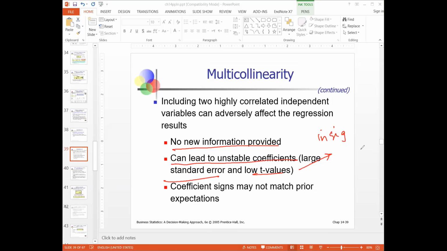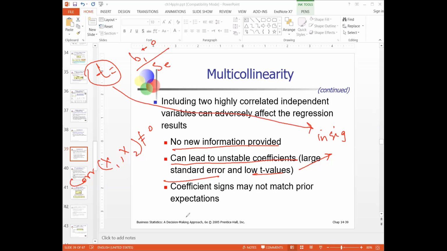Even though you think the variables are good, since x1 and x2 are correlated, which is not equal to 0, it means there's an overlap which is creating instability, and it will lead to high standard errors. And you already know that t is equal to beta 1 minus 0 divided by standard error. So if there is high standard error, then it means there is low t value. So low t value means insignificant outcomes.